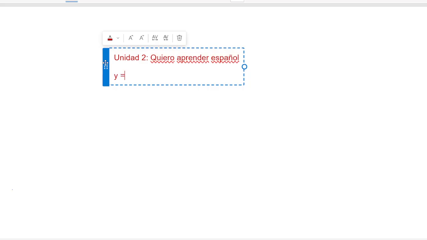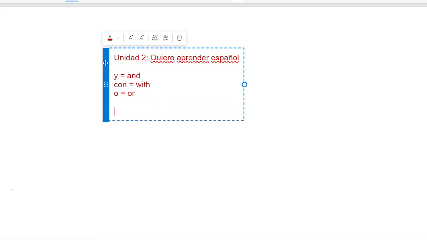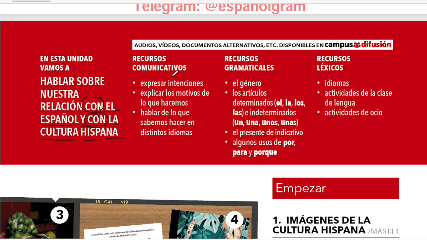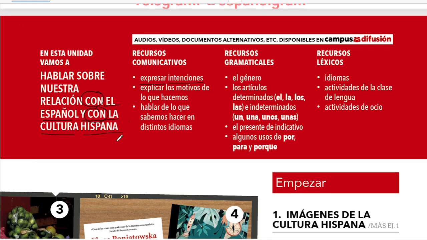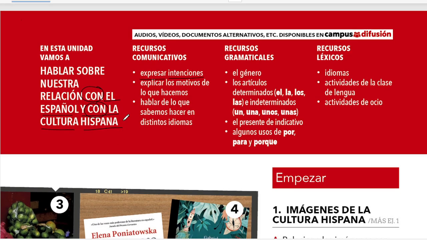Now, e means and, con means with. Okay, and u we use for or. What else we are going to learn in this unit? Expresar intenciones, your intentions. Explicar los motivos de lo que hacemos.